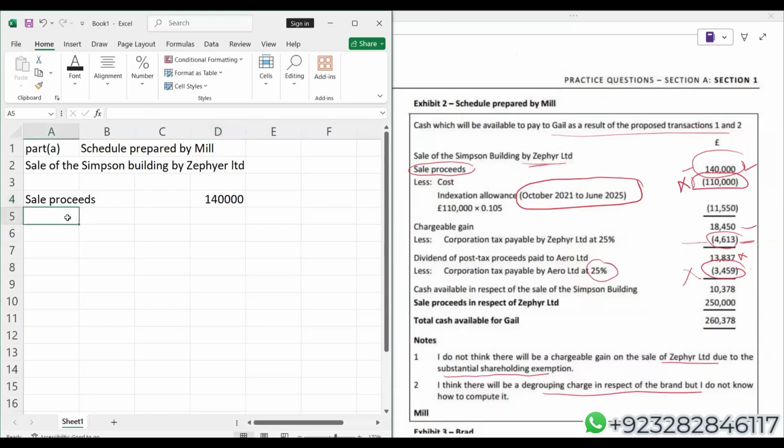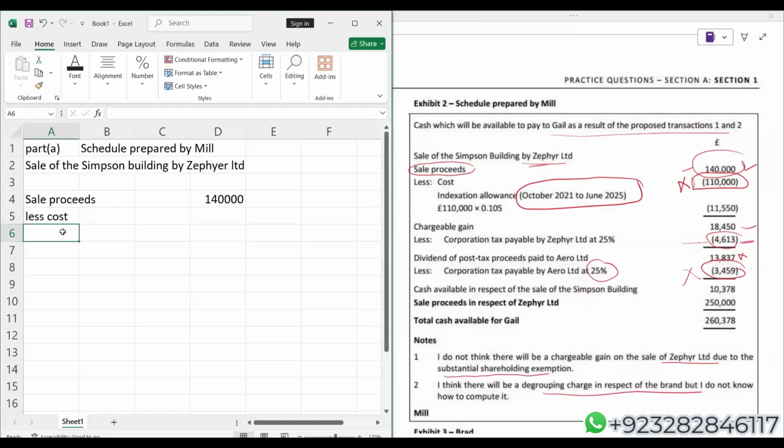Now logically we will deduct the index cost. Less cost. First of all, we'll take the cost to Arrow Limited. Then we'll add the indexation allowance. And indexation allowance is available from December 13 till December 17.